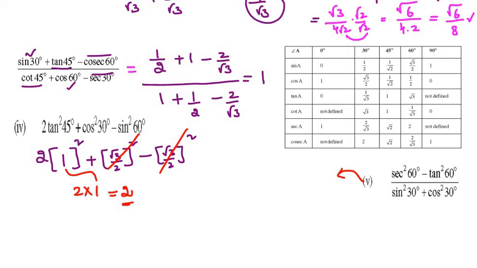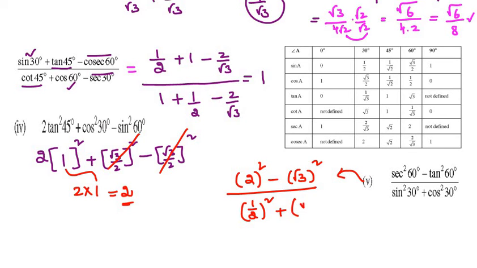Secant square 60. So secant 60 is nothing but 2 square, minus tan 60. Tan 60 is root 3 and its square, by sin square 30. Sin 30 value is 1 by 2 and its square, plus cos square 30 degrees.